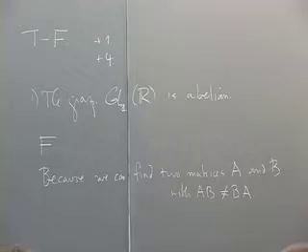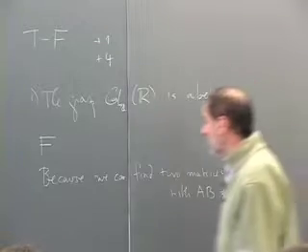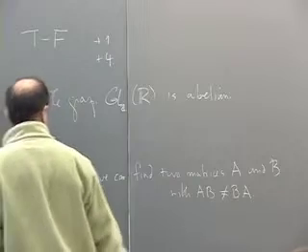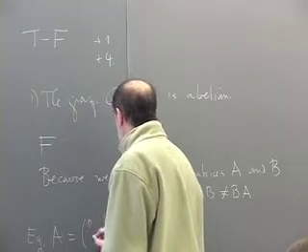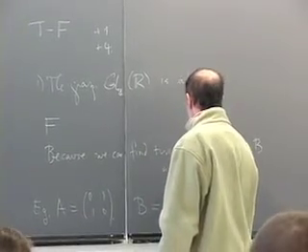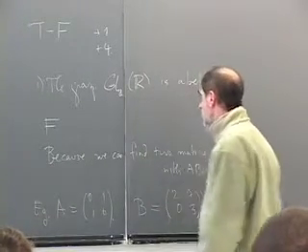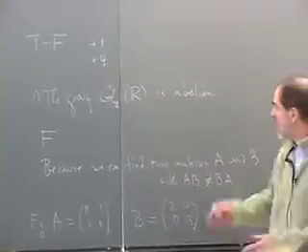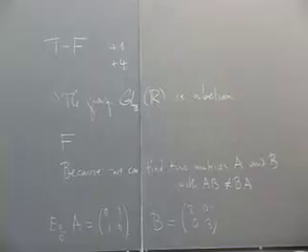And to get the full thing right, you'd want to give a specific counterexample, e.g., A is equal to 0, 1, 1, 0, and B, I hope this works, is equal to 2, 3, 0, 0. And I think if you multiply those in two opposite directions, you get two different answers. And then you might calculate AB and BA and show that they were not equal.